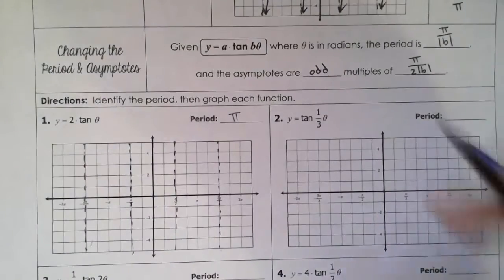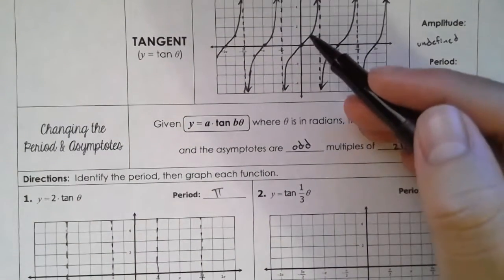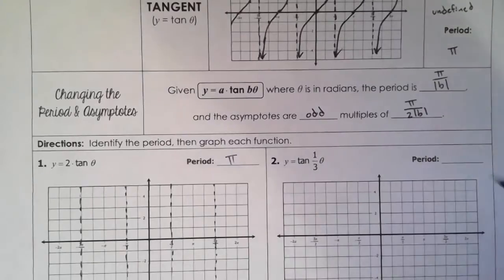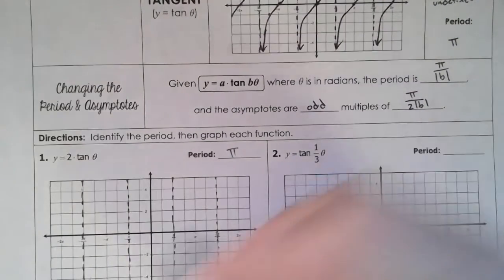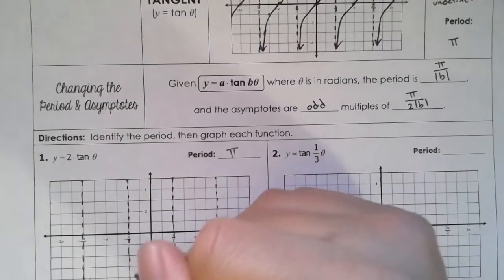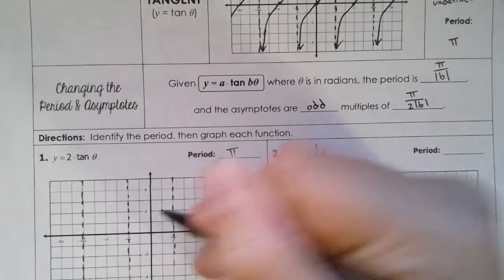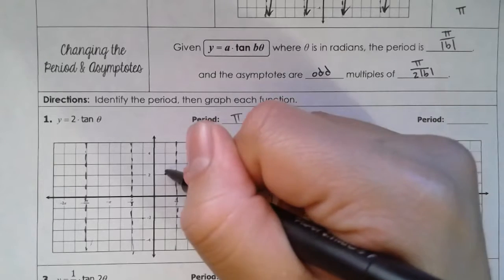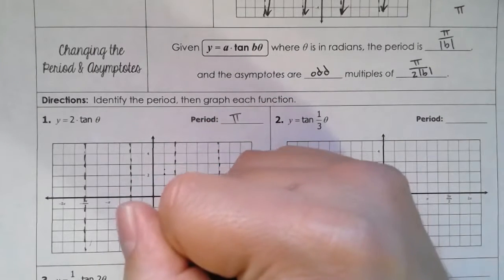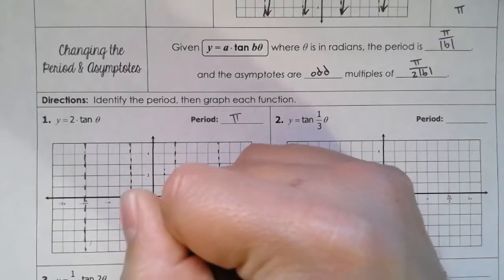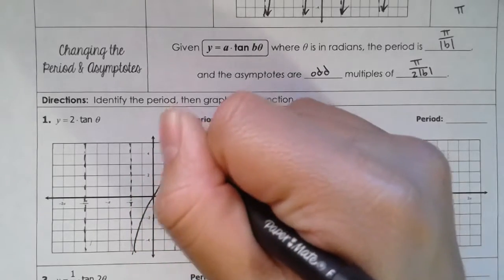Really, all you're doing is making things steeper because you're multiplying everything by 2. You can plot the points at 2 because instead of at 1 you're going to be there. You're going to have something like this.